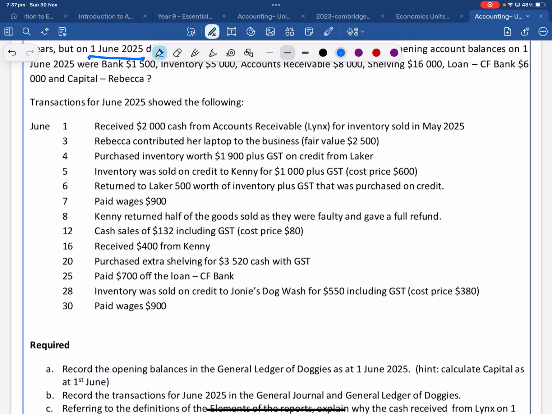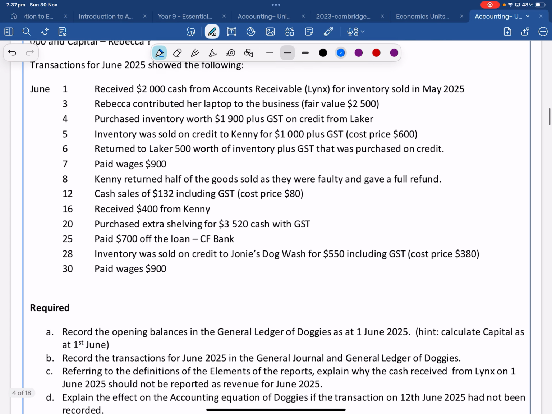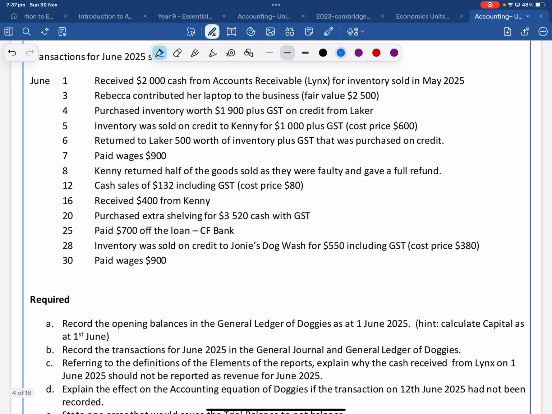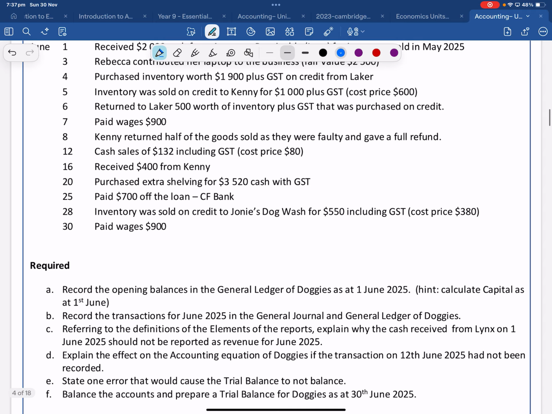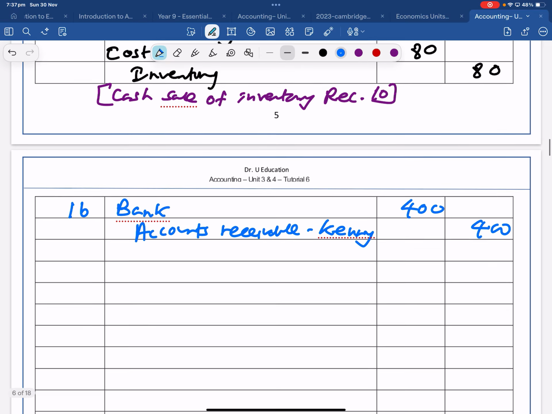20th. Purchase extra shelving for $35.20 cash with GST. You guys are okay with that? Including GST? Yes, correct. Sana, can you tell me the double entry for that?